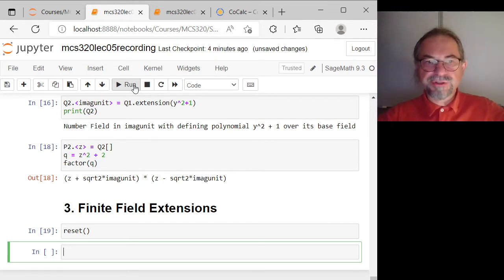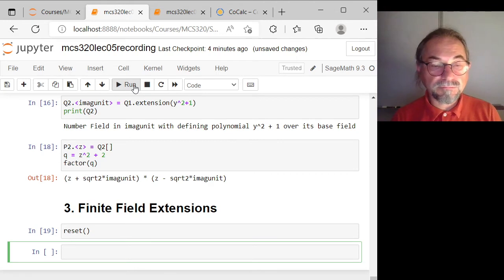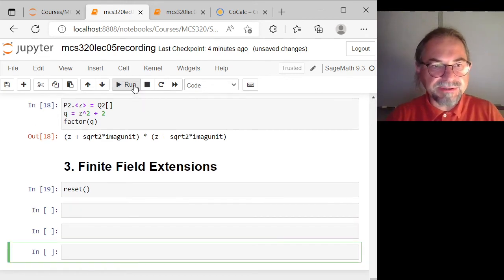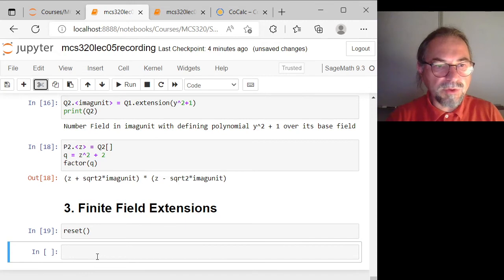Also, all the definitions of the extension fields are wiped out, so I can use the same letters again for the symbols. Okay, so where do we start? We start working modulo 2.